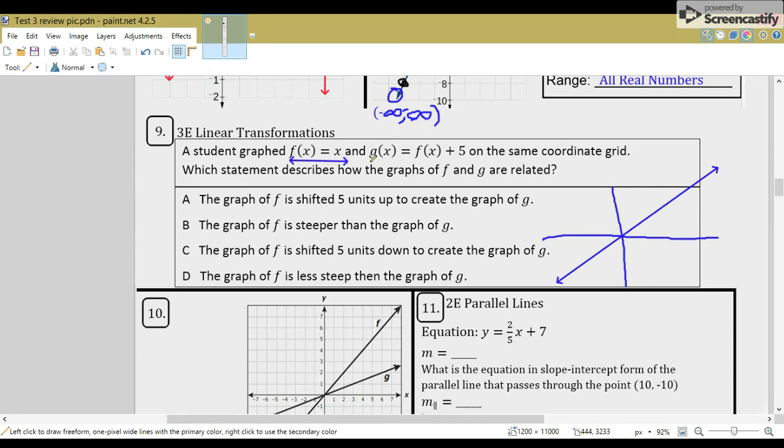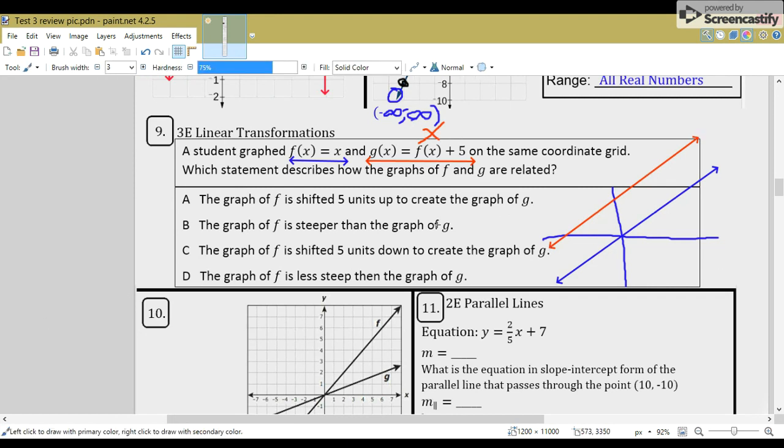And g of x is just f of x plus 5. In this case f of x is really just x, so if we graph x plus 5, we should get a graph that looks kind of like this.